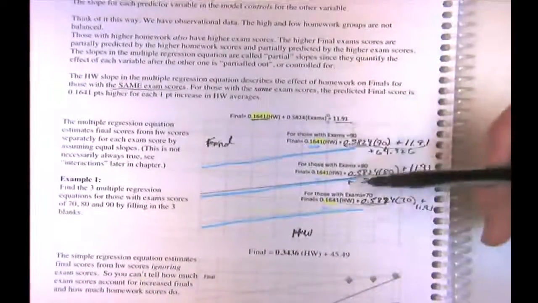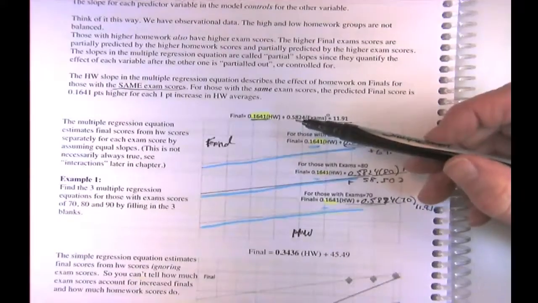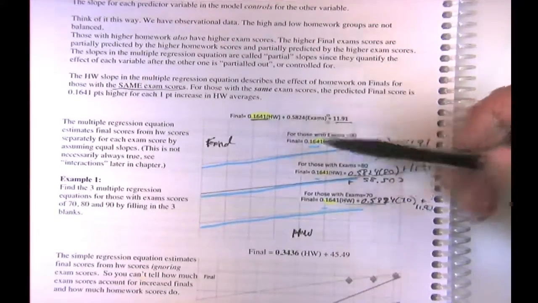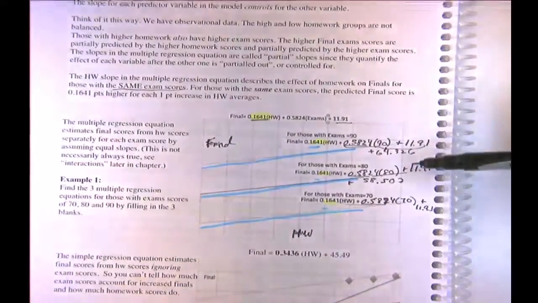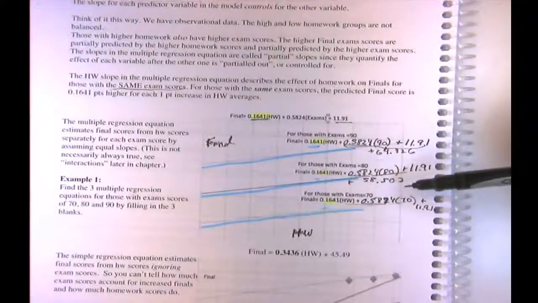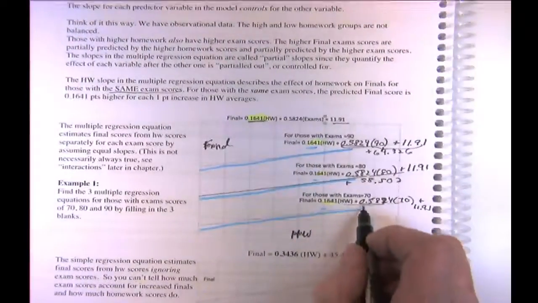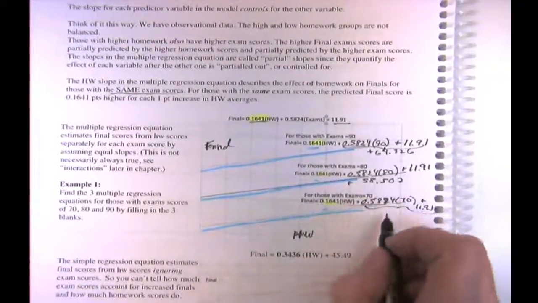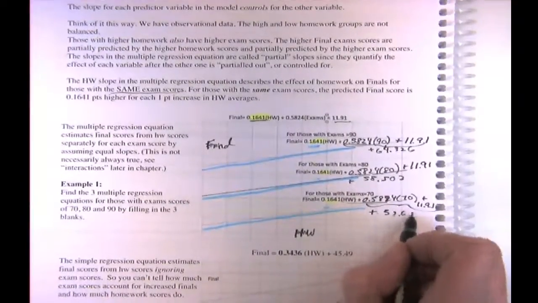Since I dropped down 10 points, I'm just saying 10 times 0.5824. If you subtracted 5.824, you should get that. And if I subtract another 5.824, I'll get the next one, and that is the intercept, 52.678.